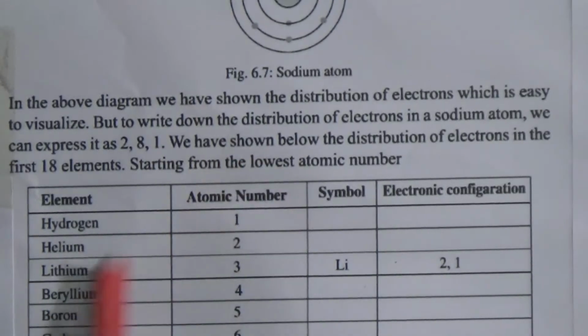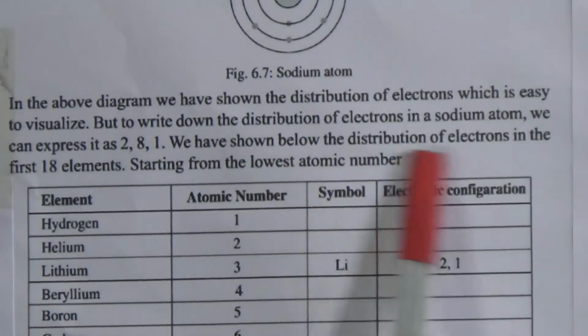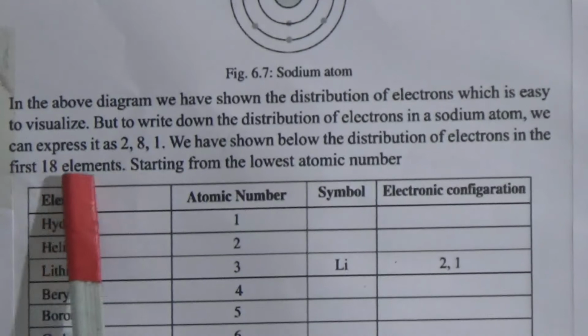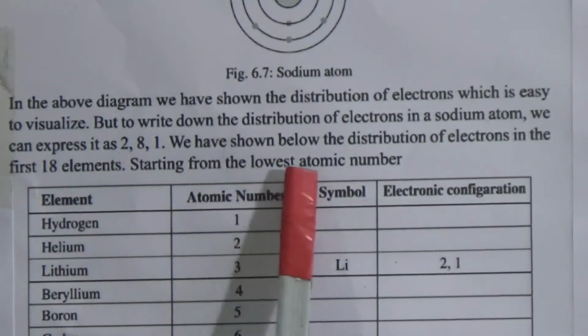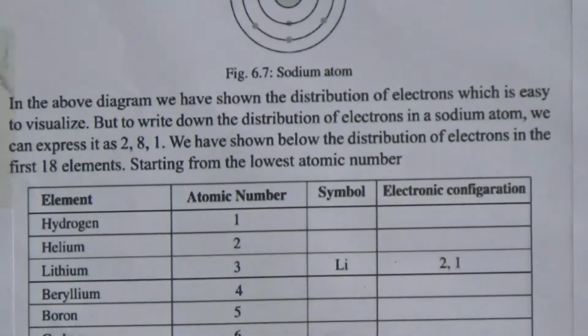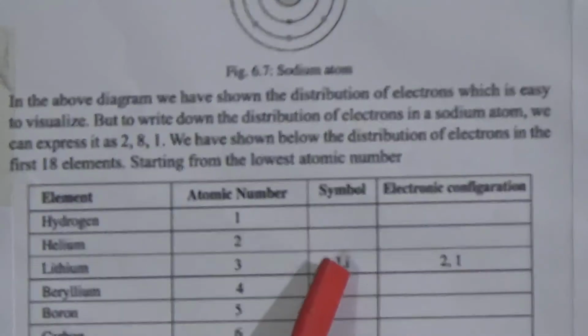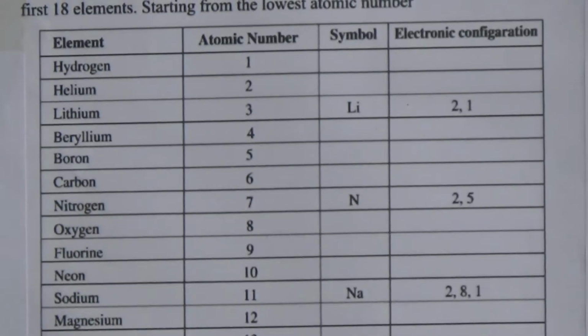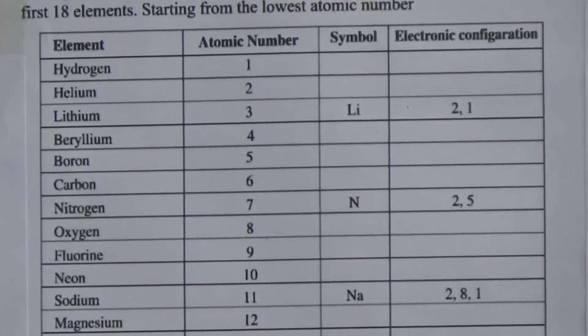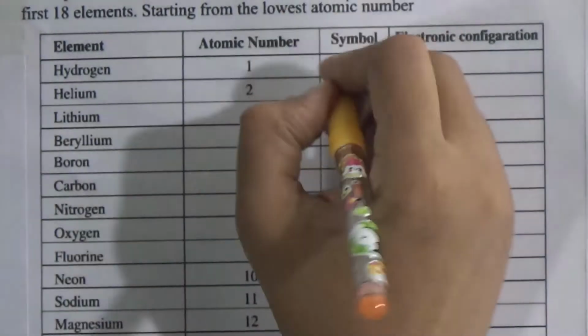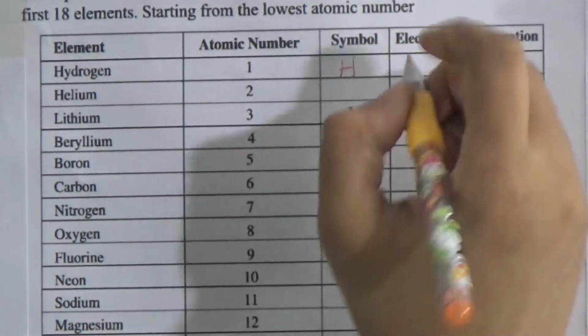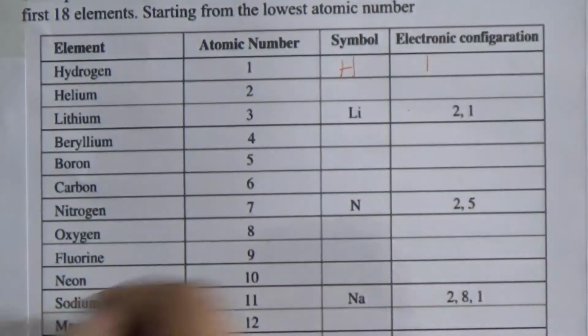Now this table shows the distribution of electrons in the first 18 elements, starting from the lowest atomic number. Here they give 4 as examples. I will fill up some of them and the rest you have to fill up by yourself. Now look here: first one, hydrogen, the symbol is H, the electron configuration is 1.